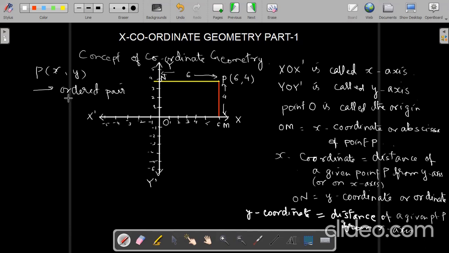The system with an ordered pair for every point in a plane is called the rectangular Cartesian system.